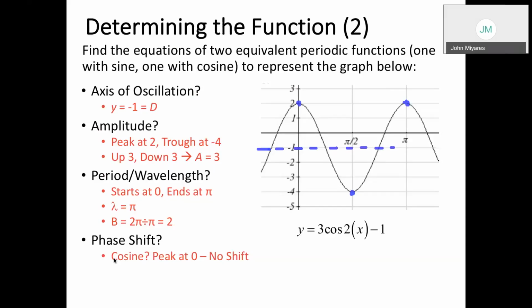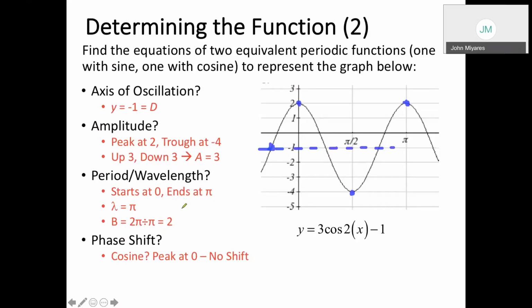If we were to call this a sine wave instead of a cosine wave, that's going to be a little harder to find because it appears that the wave crosses the axis of oscillation somewhere over here. Try drawing that in here.